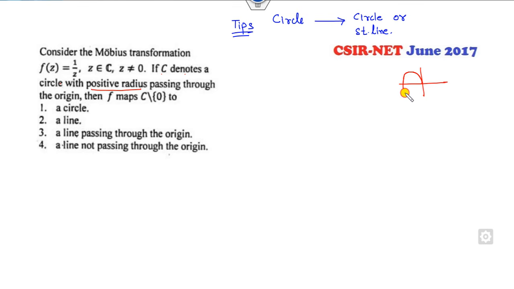Passing through the origin, this is my positive radius. Now take any point inside it, say 1. My target is to consider this circle on the xy plane, then see what the mapping is on u and v.